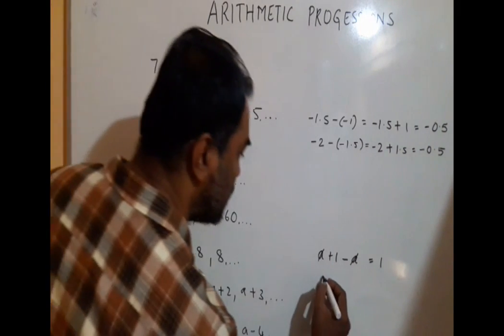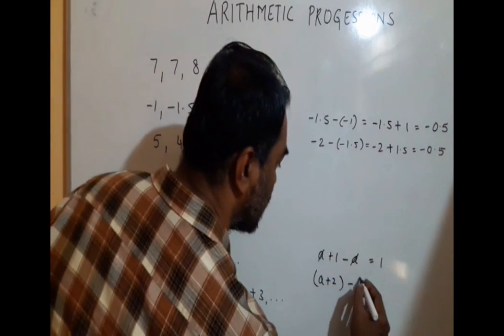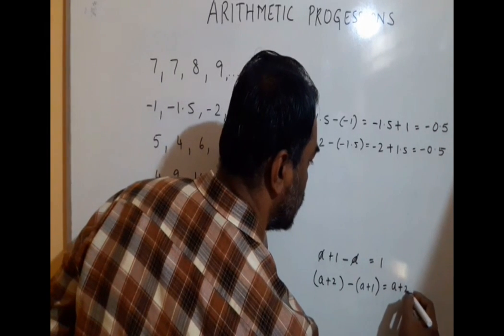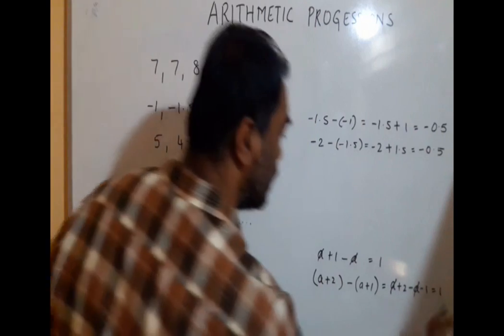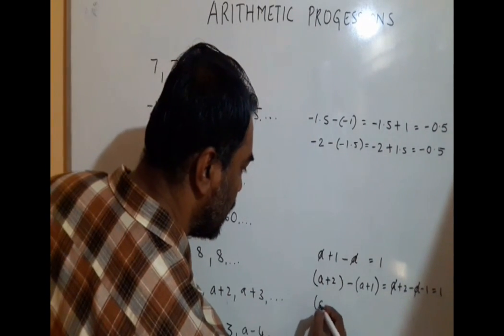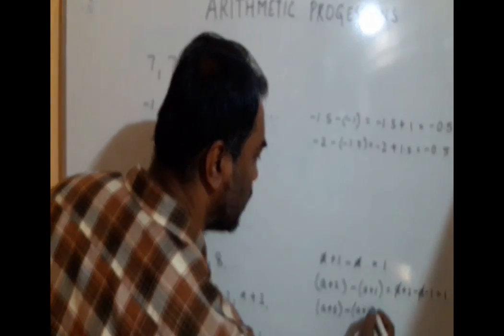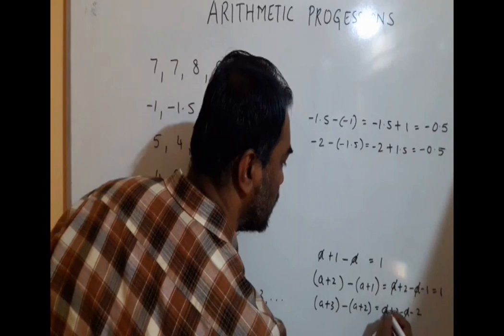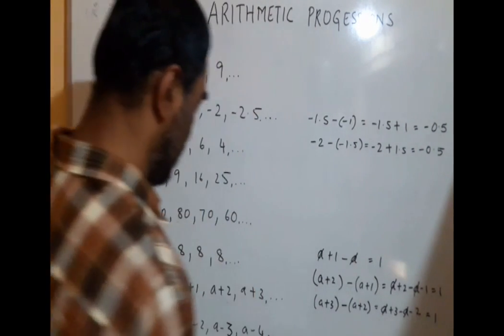Similarly, a plus 2 minus the term a plus 1; when you open the brackets, you get a plus 2 minus a minus 1, so we get 2 minus 1, that is 1. Similarly, a plus 3 minus a plus 2 gives a plus 3 minus a minus 2, that is 1. So this is an arithmetic sequence with the first term a and the common difference d.